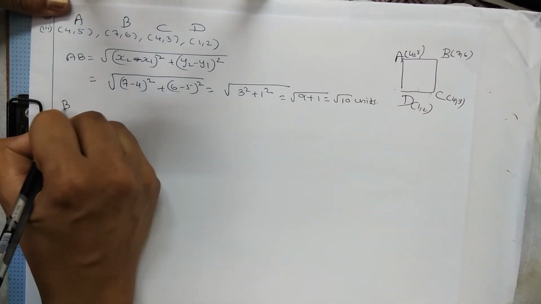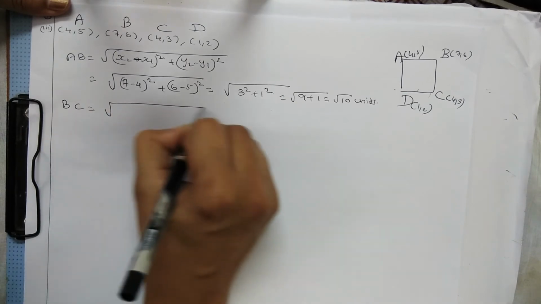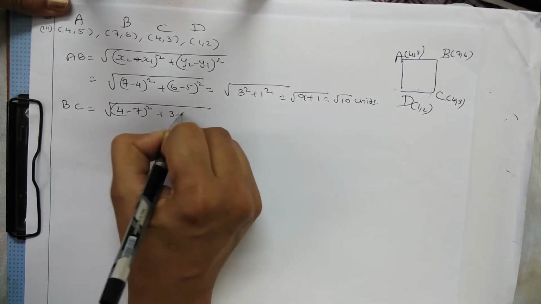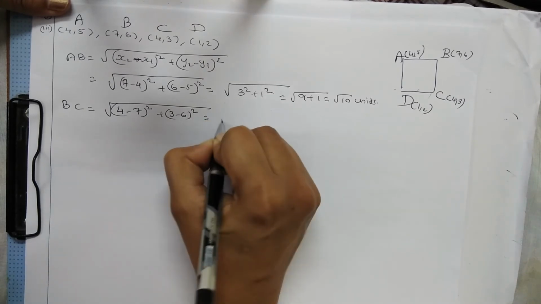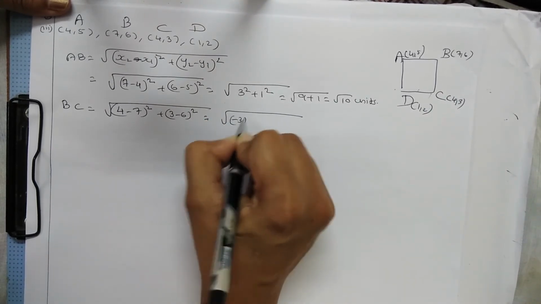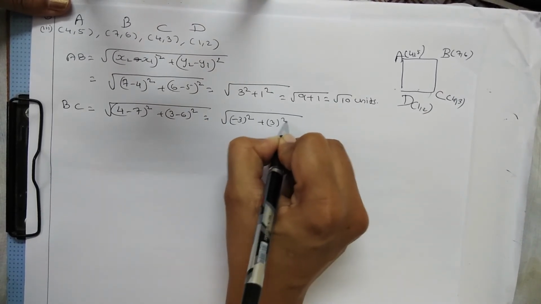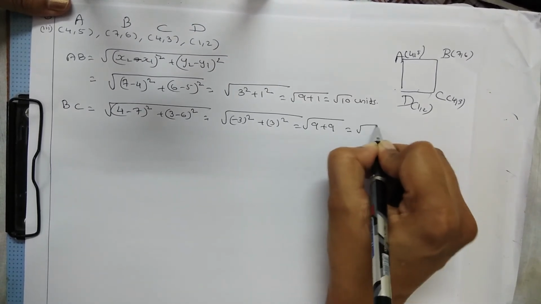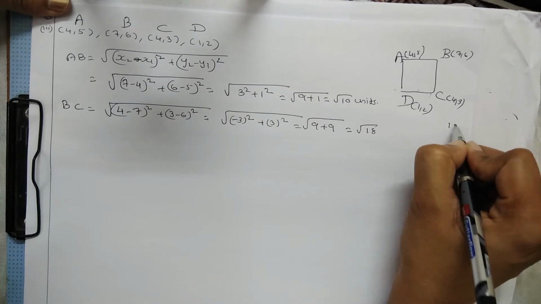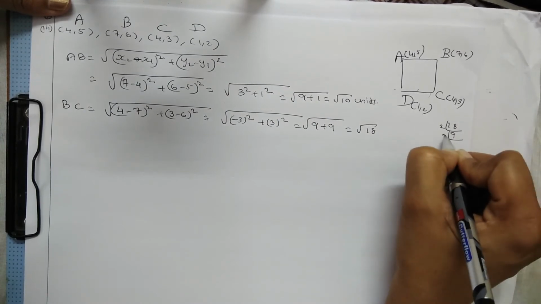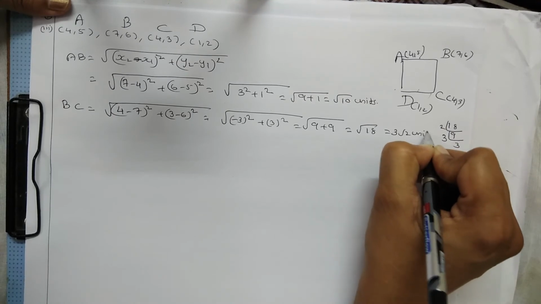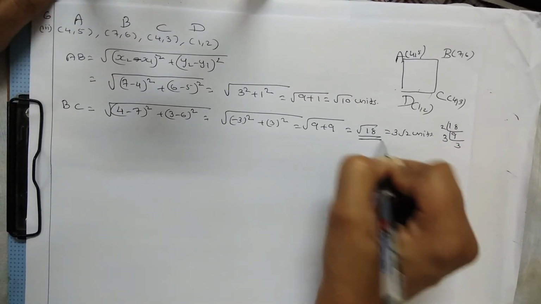Then BC is equal to root of 4 minus 7 the whole square plus 3 minus 6 the whole square, that is equal to root of minus 3 the whole square plus 3 square, that is equal to root of 9 plus 9, that you can write as root 18. Root 18 we can simplify, 2, 9, 3, 3. So that is equal to 3 root 2 units. If you want you can simplify or you can keep it as root 18 only.